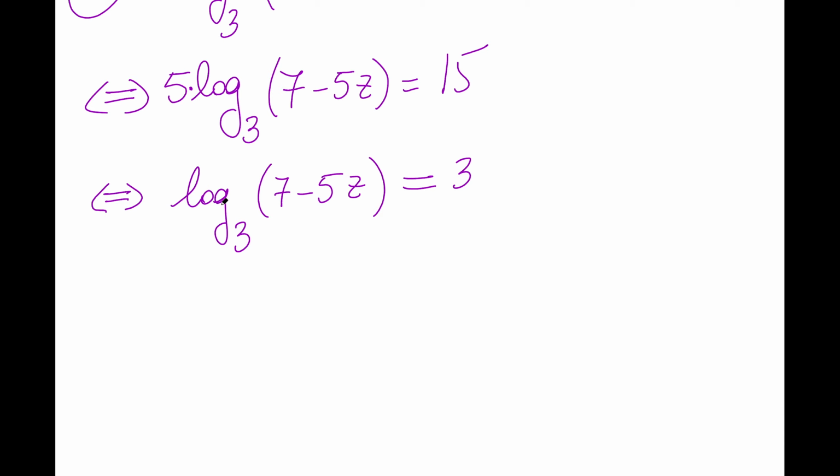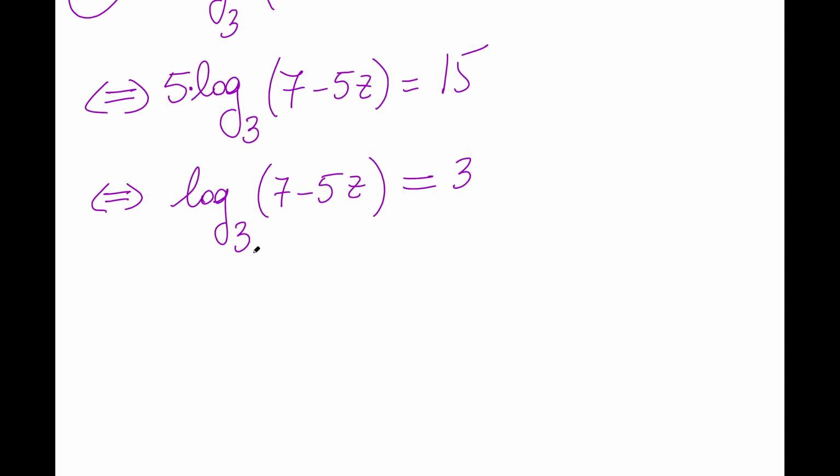So far, the only actions that are done are multiplying by 5, subtracting by 5z, multiplying by negative 5, adding 7, and the last one here is letting log base 3 function act on 7 minus 5z, right?